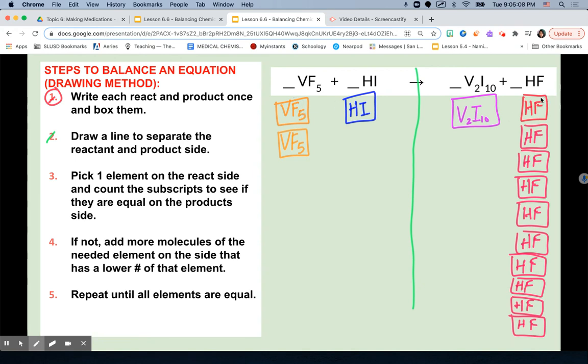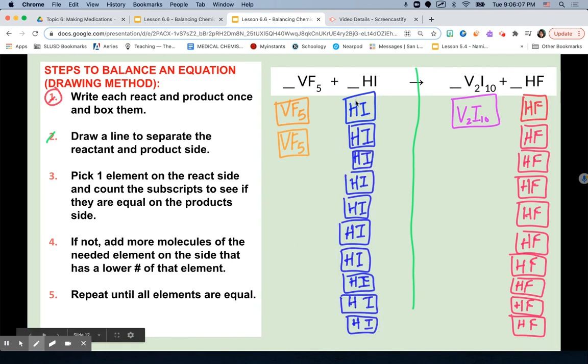All right, so now my F's match, 10 F's on the product side, 5 and 5, make 10 together. So 10 on the reactant side. So I have 10 H's on the product side, but only 1 on the reactant side. So therefore, I'm going to have to draw 10 H's on the reactant side.